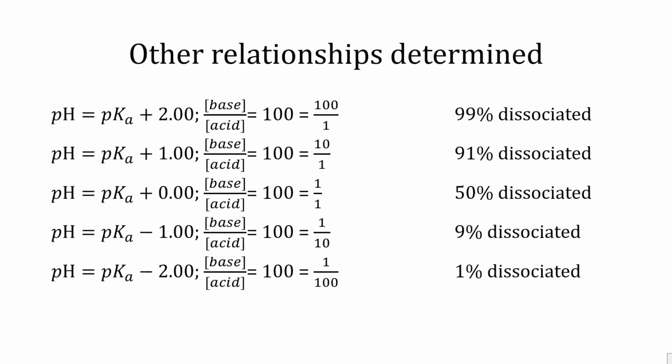This illustrates the other relationships between the difference of pH and pKa. As evident here, as the ratio between base over acid decreases, the amount of the original acid molecule dissociated to its conjugate base decreases, as seen by its percent dissociated.